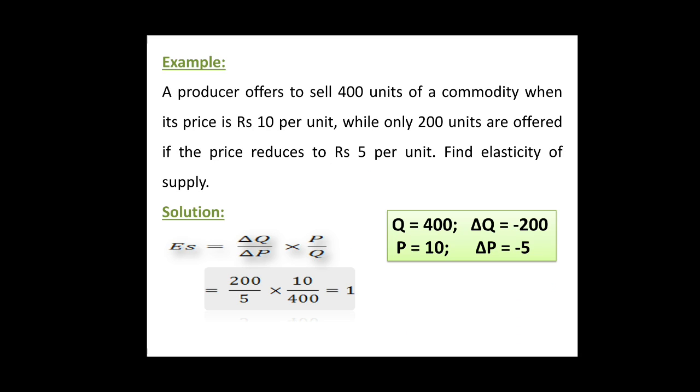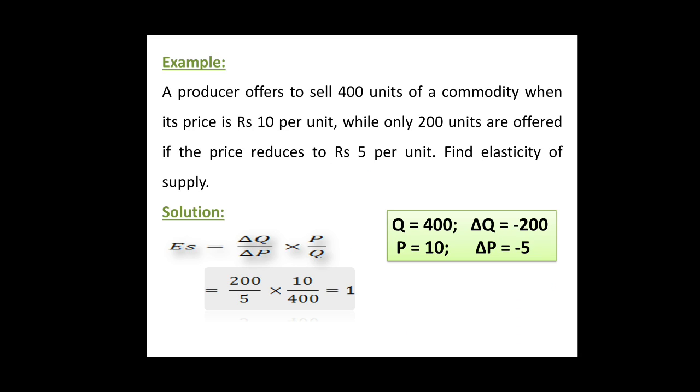First, write the formula of elasticity of supply, which is elasticity of supply is equal to del Q divided by del P into P divided by Q. Del Q, that is change in quantity supplied, which is equal to Q1 minus Q. Q1 is 200, that is the quantity supplied after the change in price, and Q is the initial quantity supplied, which is 400. So 200 minus 400 is equal to minus 200. So del Q here is minus 200.